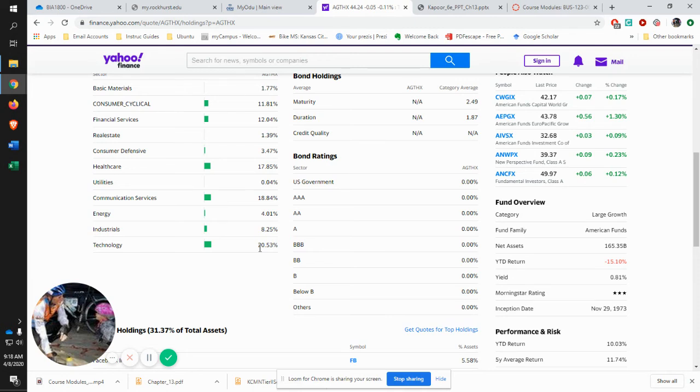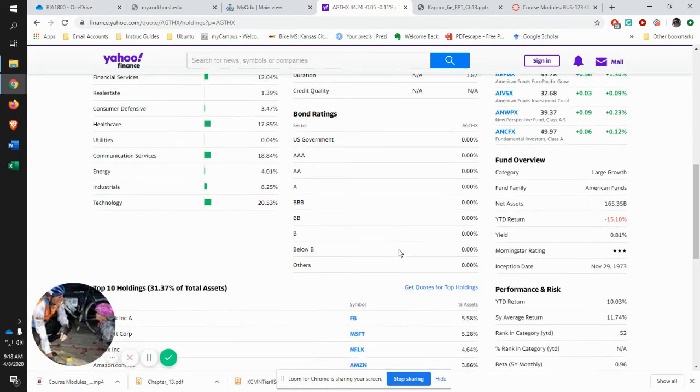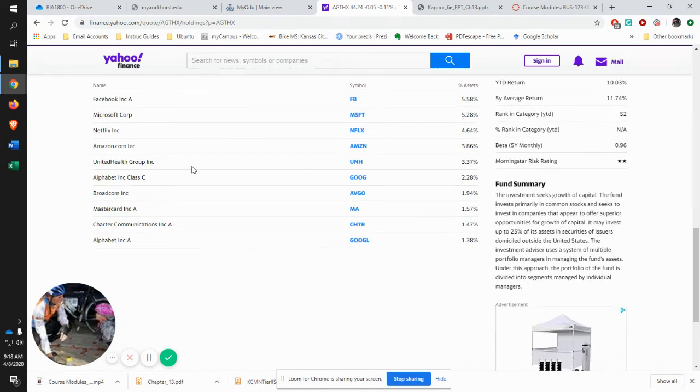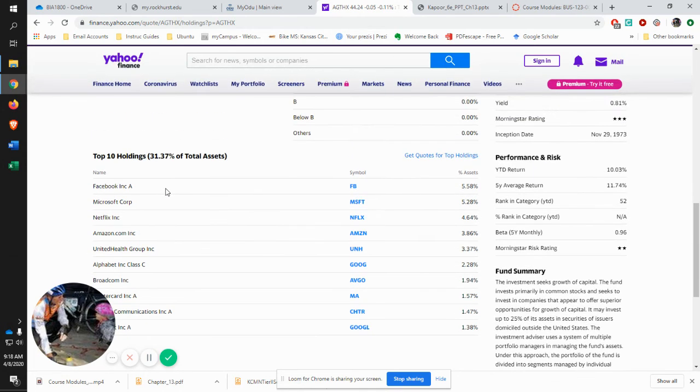You see, I don't have to choose what the stocks are. I buy this one mutual fund, I get all these different stocks that go along with it. You can see some of the stocks that are owned in there and what percentage of the total assets each makes up. So you have Facebook, Microsoft, Amazon, Alphabet, which is Google, things like this that are a part of it.